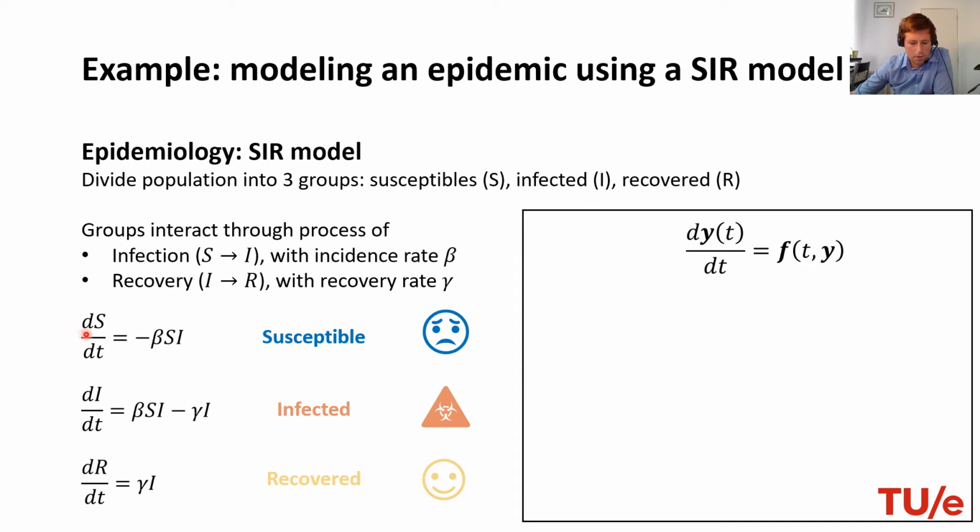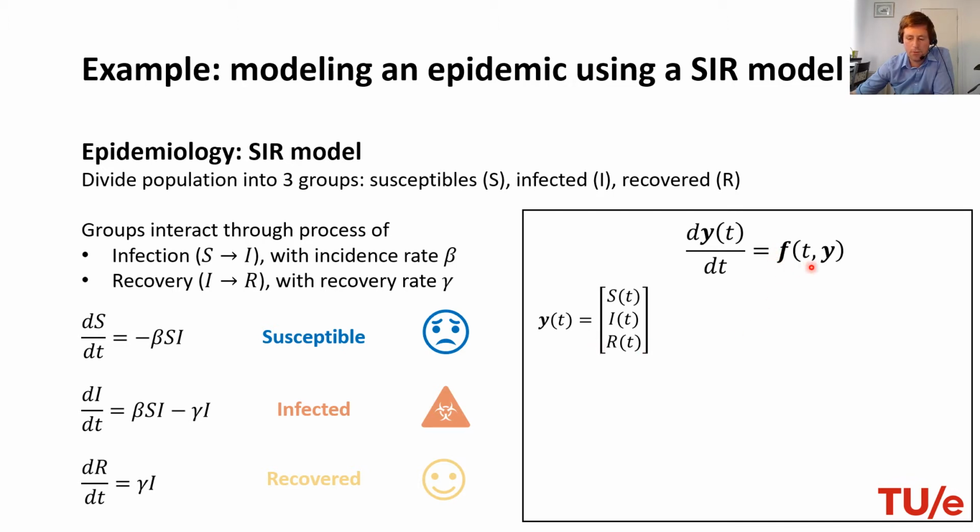Now let's recast this into this form over here. Also note that y again is a vector, as well as f. We can do so by defining this vector y as follows, a column vector which holds the function s of t, the amount of susceptible people, the amount of infected people, and the amount of recovered people.